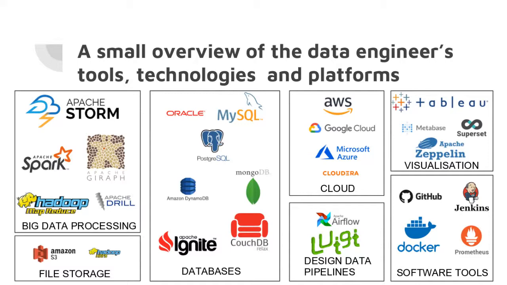Then on the left, you see Hadoop MapReduce, Apache Storm, Apache Spark, Apache Drill. These are tools for big data processing. At some point, your data doesn't fit into memory on a single machine, or you don't have enough disk space to store your data on a single machine.